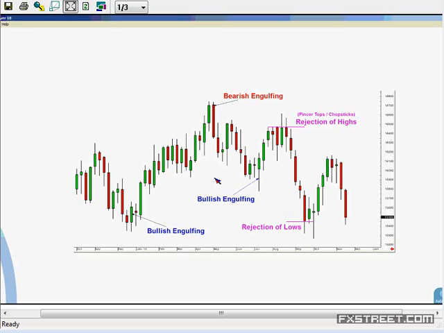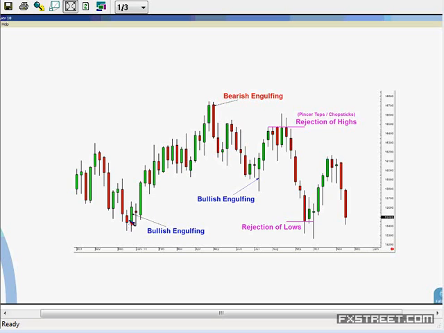You're far better off waiting for the market to confirm that the trend has changed, and then to jump onto the trend. We've all heard the saying, the trend is your friend, but it is until the trend is over. So we want to be looking for these continuation and reversal patterns in the different time frames.